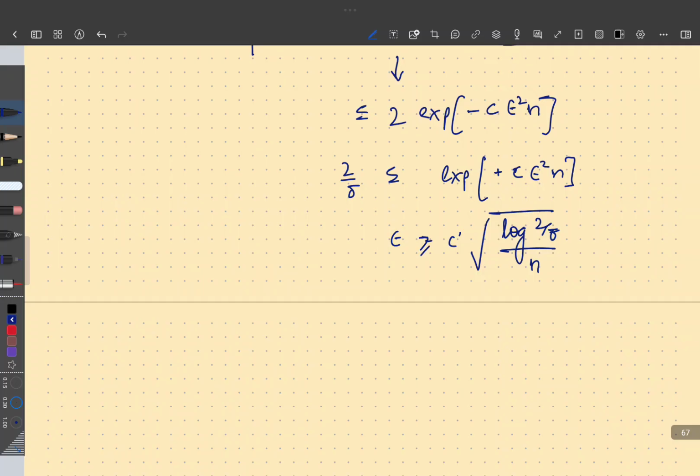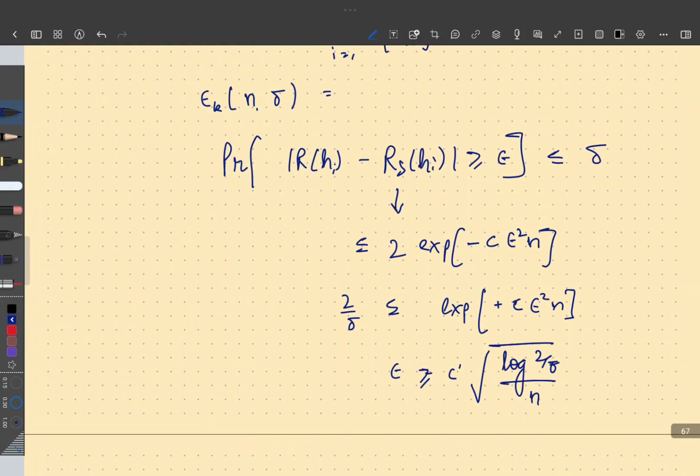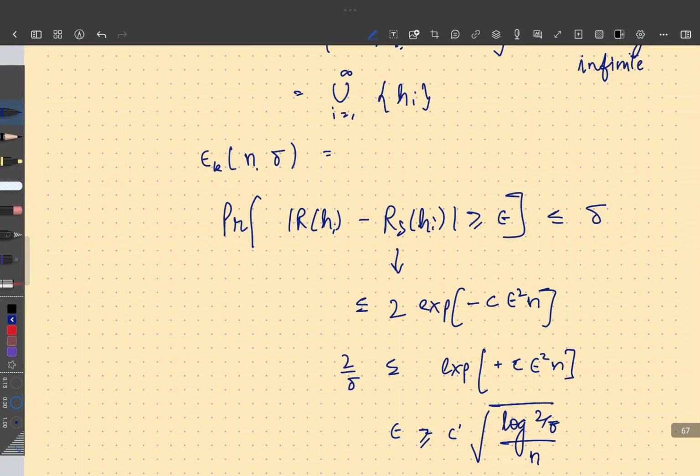So as long as epsilon is greater than or equal to this, you are guaranteed that the probability is at least 1 minus delta. Right? So in other words, my epsilon k of n comma delta is precisely this quantity. It is some universal constant times square root of log 2 over delta divided by n.